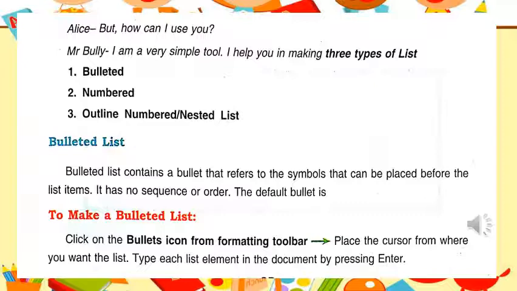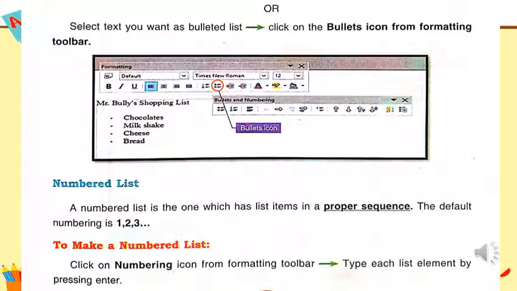Place the cursor where you want the list. Type each list element in the document by pressing enter. Then select the text you want as a bulleted list. Click on the bullets icon from the formatting toolbar.